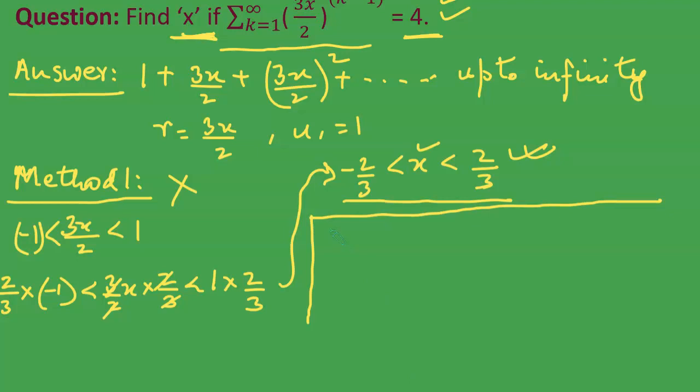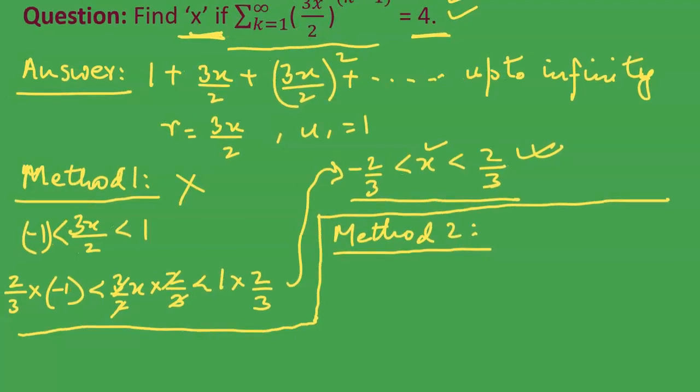It is method number 2 where we will be using the infinite geometric series formula. Let me write the formula, S infinity equal to U1 over 1 minus r.